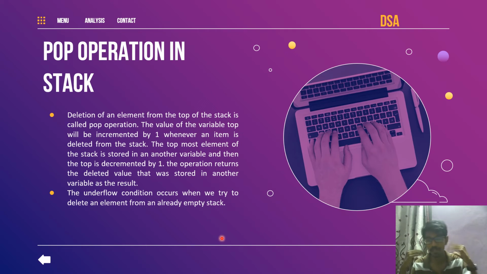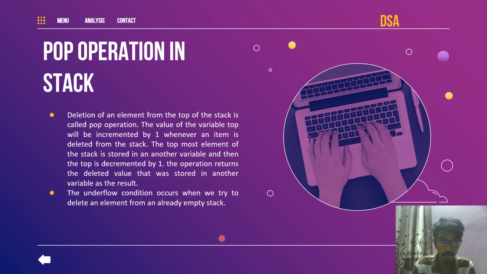So here we have to delete an element from the stack. The topmost element is the one that can be deleted, not the bottommost one. Like I said, it follows the last in first out policy. So the last element that came into the stack will be deleted first.